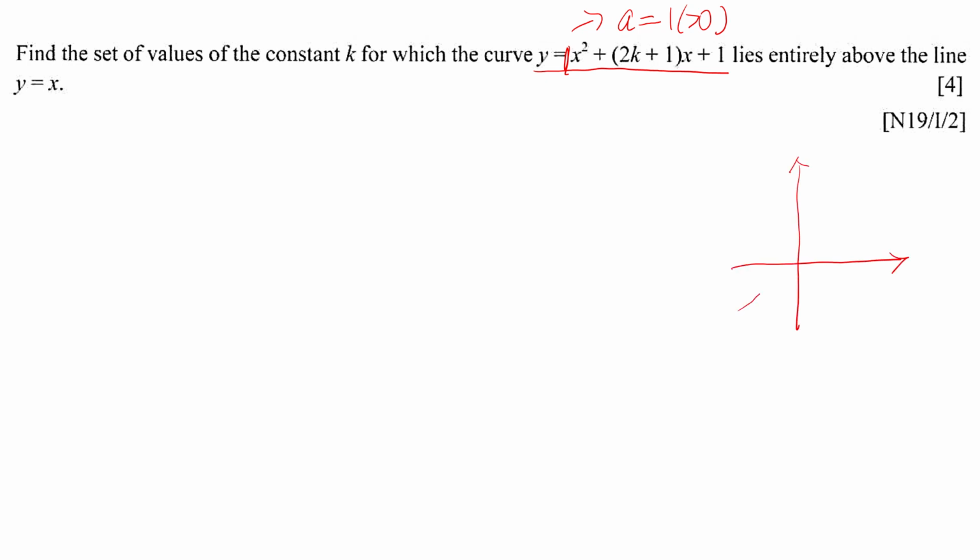So if you have a line y equals x, and you want to find the values of k such that this particular curve lies above the line. When you say lies entirely above the line y equals x, it means there is no intersection point at all, right? So no intersection point.